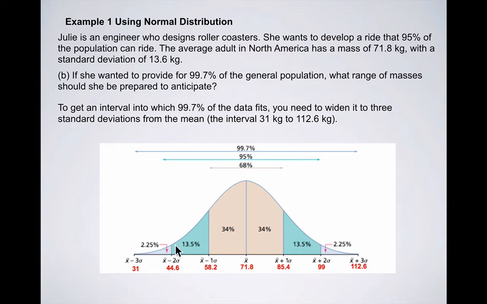So three standard deviations below the mean is 71.8 minus 3 times 13.6, which is 31 kilograms, up to 71.8 kilograms plus 3 standard deviations above the mean, or 13.6 times 3, which is 112.6 kilograms. So she'll need to provide a ride for masses between 31 kilograms up to 112.6 kilograms.